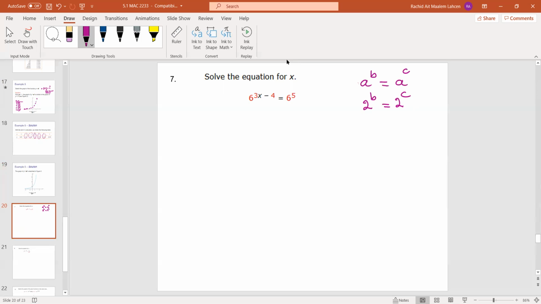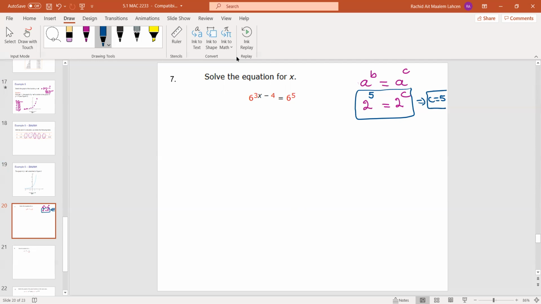You see, if these bases are the same, there is no way this is going to be equal unless b is equal to c. So let's even change b, let's call it 5. If you look at this picture, when would these sides be equal? It's not possible for this to be equal unless c is equal to 5.